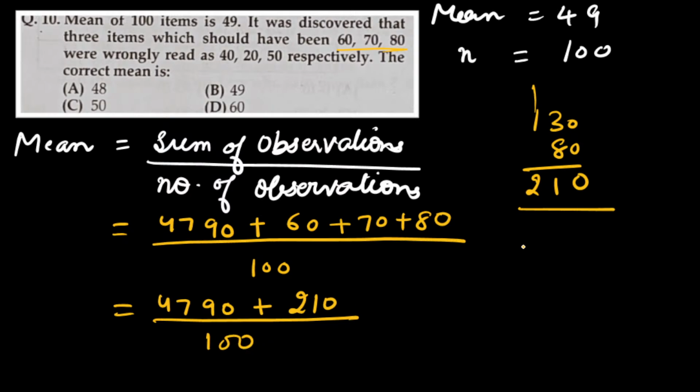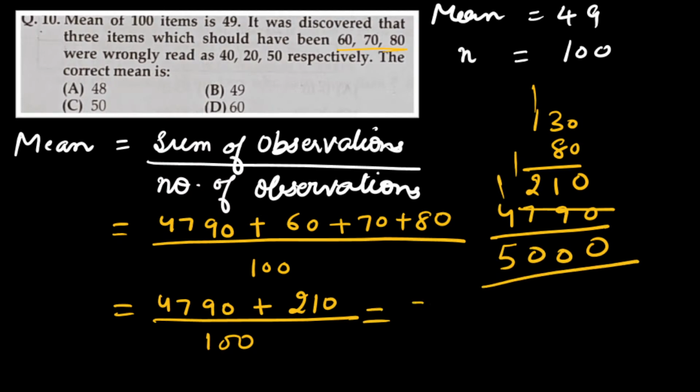So 4790 plus 210 is 5000, divided by 100. Just keep on checking the calculations. 5000 by 100, two zeros will get cancelled. So 50 we will get. 50 is the correct mean.